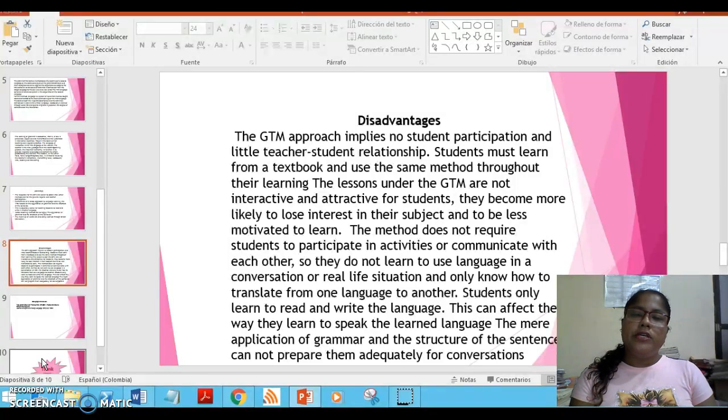Students only learn to read and write the language. This affects the way they learn to speak the language, because the application of grammar and the structure of the sentence cannot prepare them adequately for conversation.